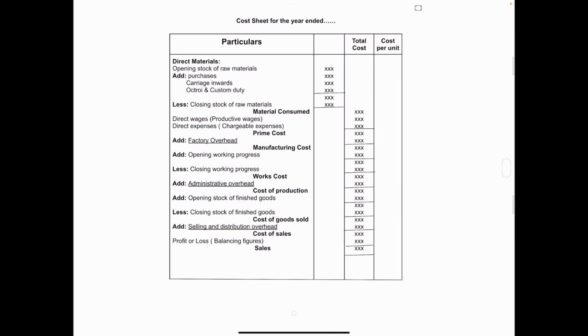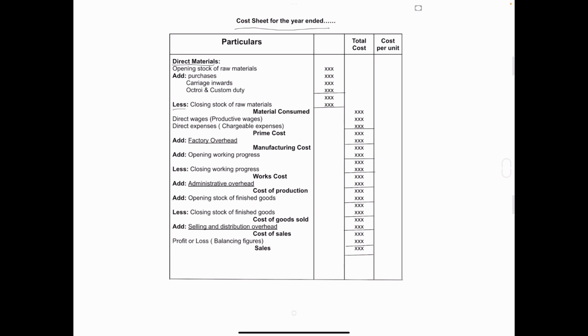Format of cost sheet. Heading is cost sheet for the year ending, and the columns particulars, total cost and cost per unit. First we have to take direct material. In that, opening stock of raw material, add purchases, carriage inward, octroi and custom duty.